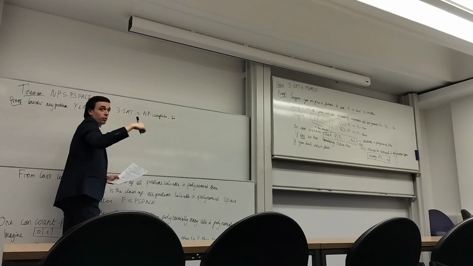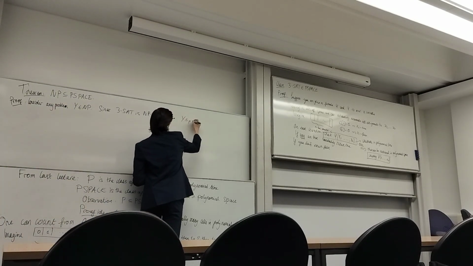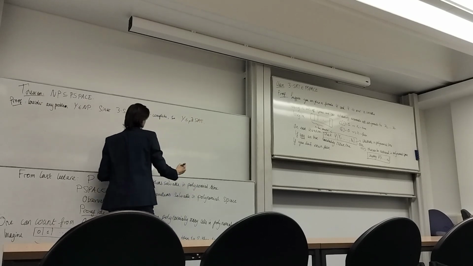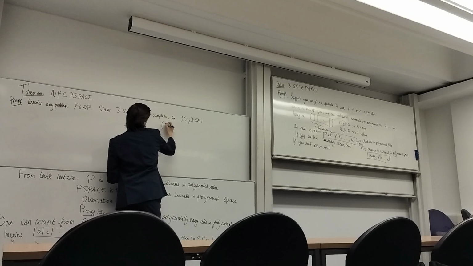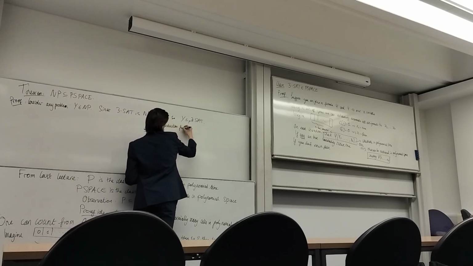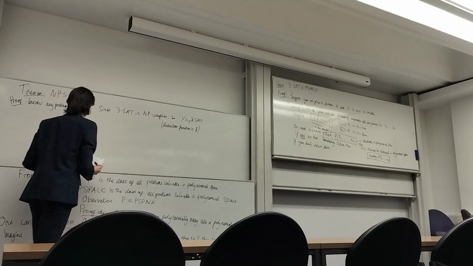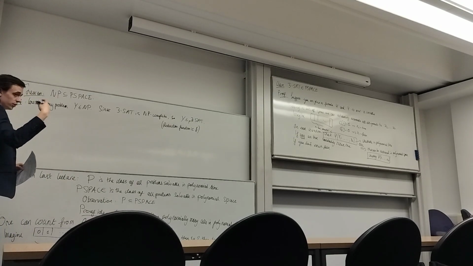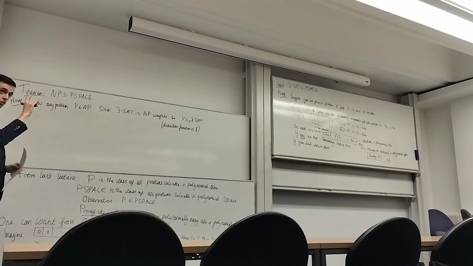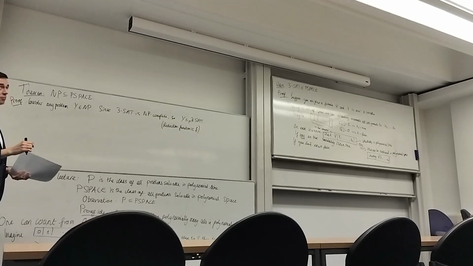So we can reduce our problem, y, to 3SAT. So y reduces in polynomial time to 3SAT. Let's say the reduction function is f. So we're going to reduce our instance y to an instance of SAT, and then solve SAT in PSPACE. And remembering that the reduction is polynomial time, which means the reduction can be computed in polynomial space.